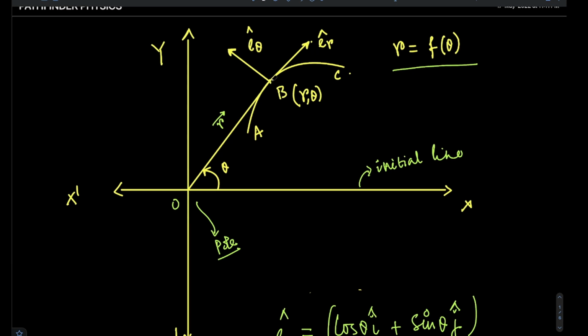We can describe the position of B by the corresponding r and theta, and theta is the angle made by r with the initial line.